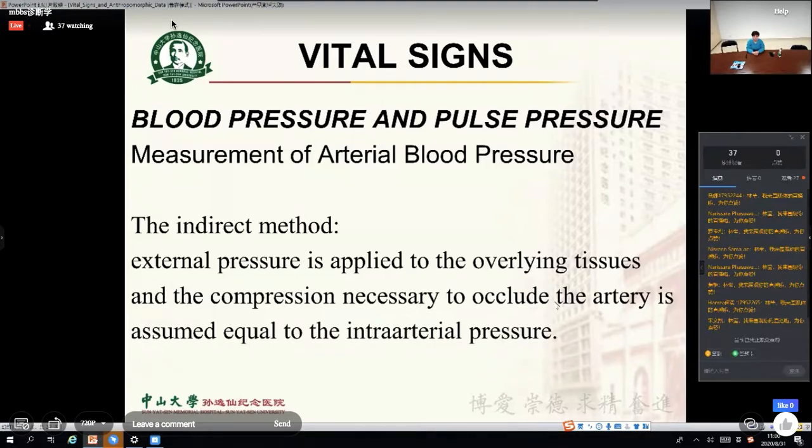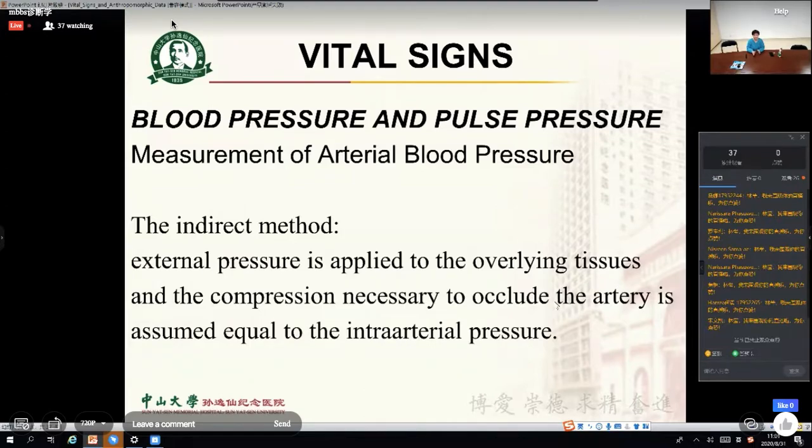We measure the arterial blood pressure using the indirect method. External pressure is applied to the overlying tissues, and the compression necessary to collapse the artery is assumed equal to the intra-arterial pressure.